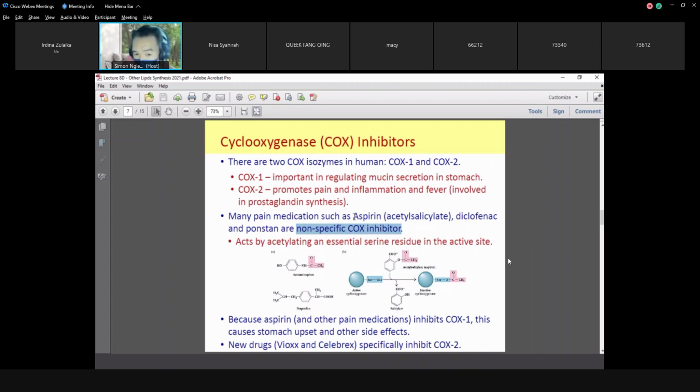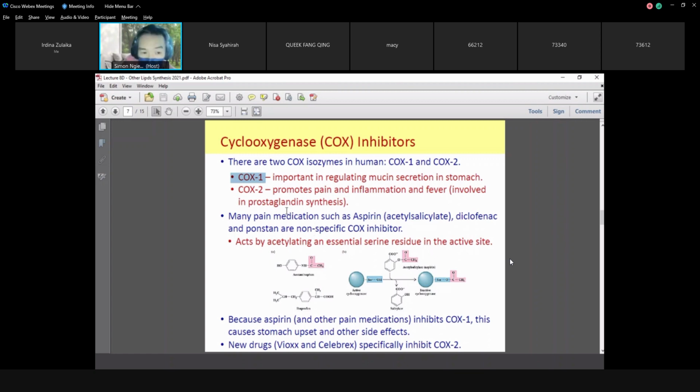You take the pill because you want to stop this, you don't want the pain, the fever, the inflammation. But because these two are very much alike, this fella doesn't know, it's somewhat like it doesn't know whether this is Ali or Abu. It cannot differentiate, which is why it is non-specific.